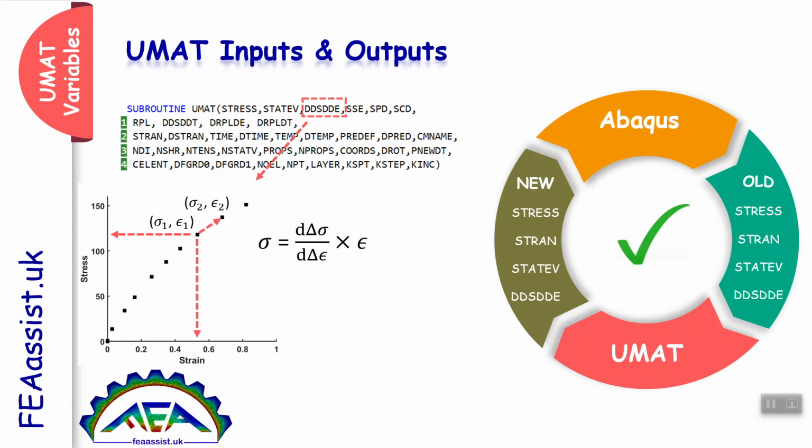So if you have stress as a function of strain, then by taking a derivative, you can define the DDSDDE for your formulation. We call this slope of the diagram DDSDDE. This is the nature of this variable. For all variables based on your equation, you need to understand well the nature and the source of the variables. For example, in the elastic regime and for elastic problems, the elastic stiffness matrix is the DDSDDE matrix.